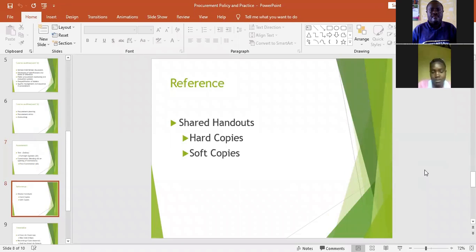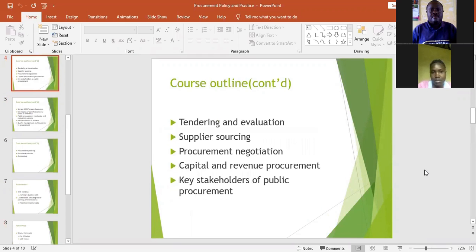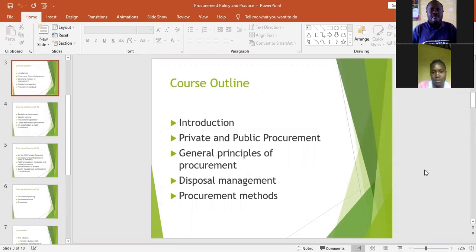And for reference, I gave everyone a handout, and most of you went with hard copies. So I will just be explaining your notes. No need to send soft copies since you already have notes. So let me return to the course outline, and then we look at a topic called procurement methods.